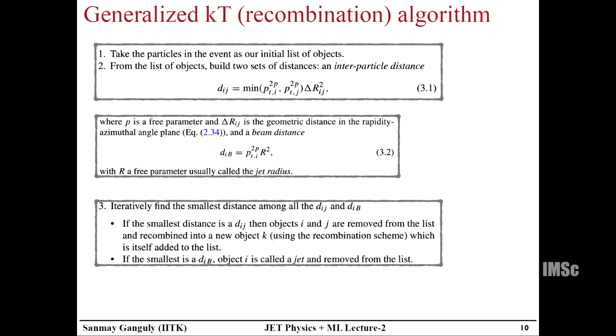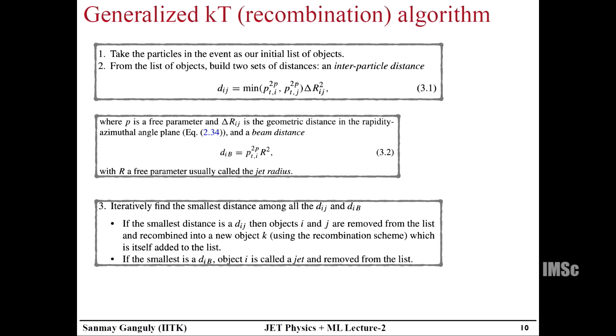That is, the algorithm converges when no 2 particles, the pseudo particles, because we are constructing placeholders, and no 2 such placeholders are within a distance of r of each other.